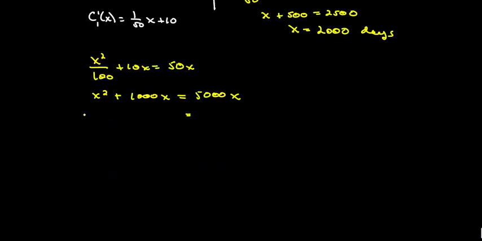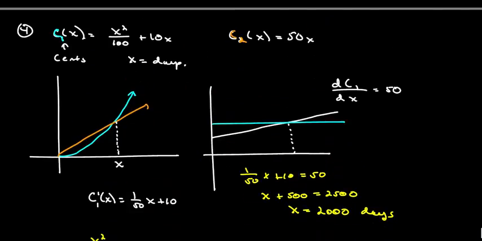So let's solve this. We get x squared minus 4000x is equal to 0. So this means x times, let's see here, you know what, actually that doesn't work.